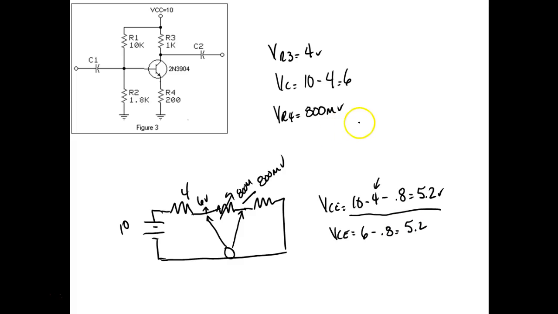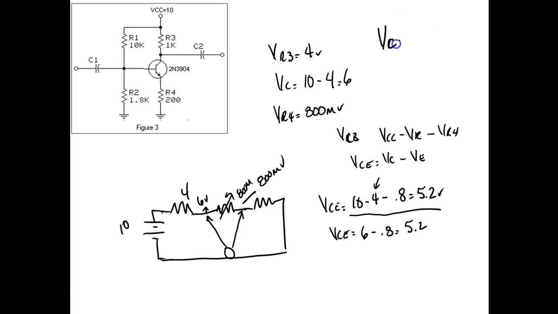So we could use VCC minus VR3 minus VR4. That would be one formula, right? You understand? Or we could use voltage collector to emitter equal to VC minus VE, which is what the formula tells you.